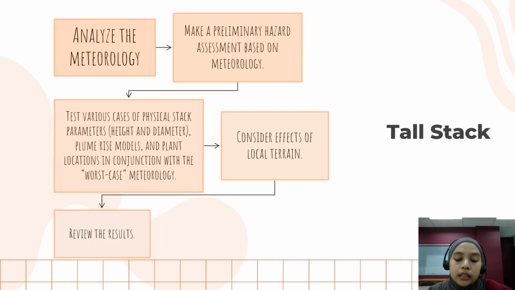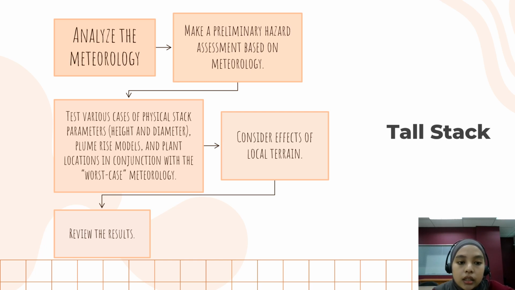For the tall stack, there are steps that we can use to view the result. Firstly, we analyze the meteorology and make a preliminary hazard assessment based on the meteorology.